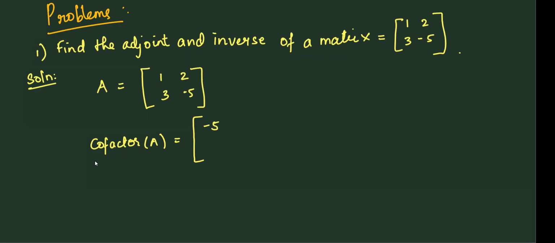Then 2's cofactor: remove first row, second column, and determinant of the rest, that is 3 with a minus sign.